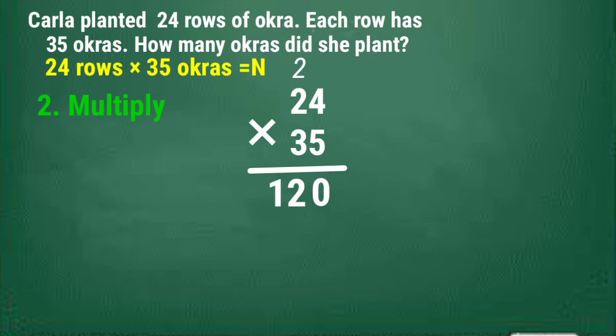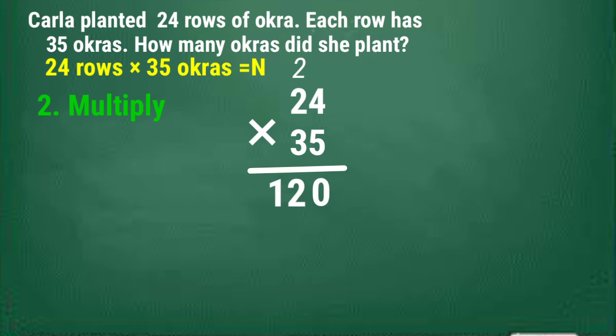No. So we will write 12 below. So 24 times 5 is 120. And next, we are done with digit 5 in the ones place value. We will go to the next one in our tens place value, which is 3.